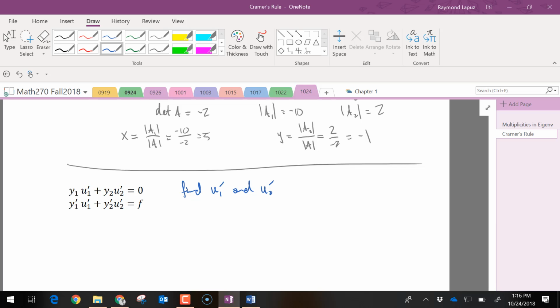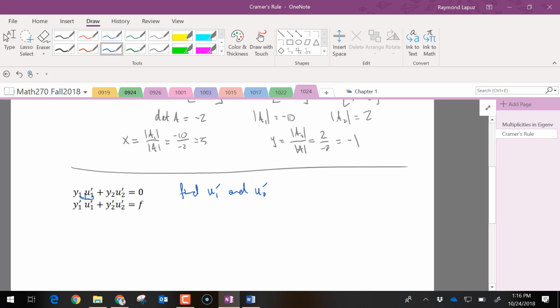So your variables that you're looking for are the u1 primes and the u2 primes. That's like your x1, x2, or whatever. And you have to treat y1 and y2 as if they were just constants, but they're really functions. And you have the 0, and then you have another function f on the right-hand side.